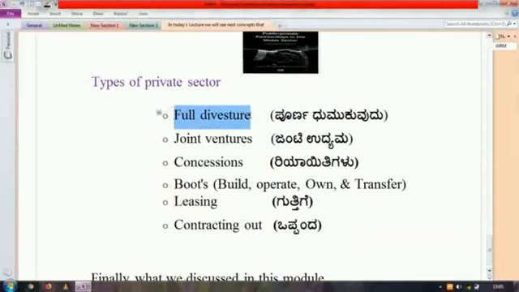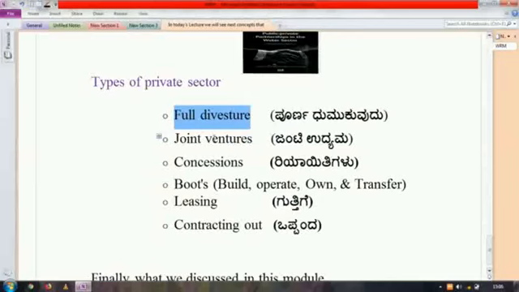It is a kind of full involvement in the policies or systems. Then joint ventures. In joint ventures, there is partial transfer of assets through share sales resulting in shared ownership and operating responsibilities between the private and public sectors.